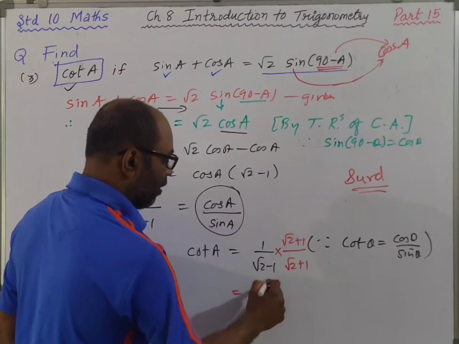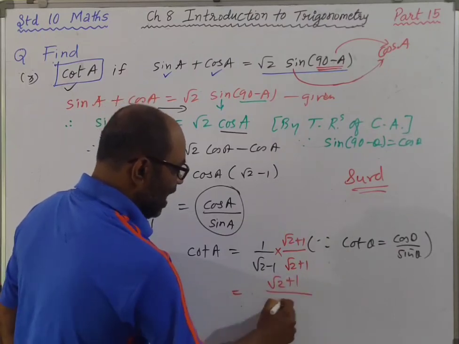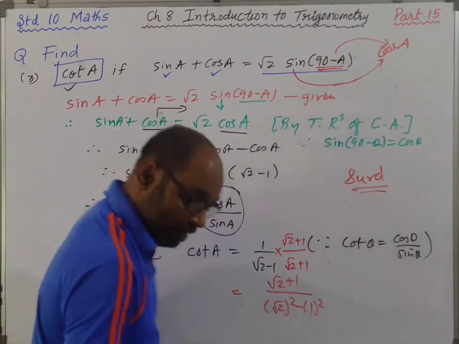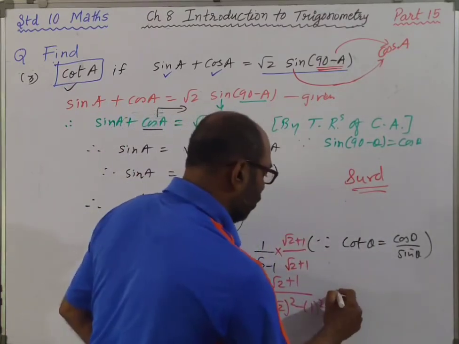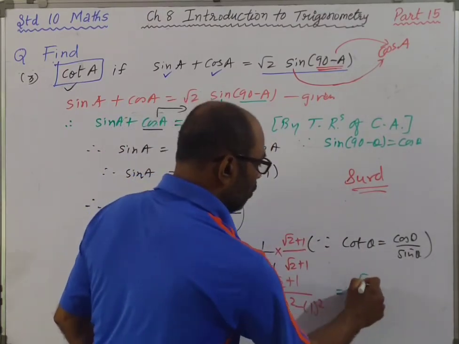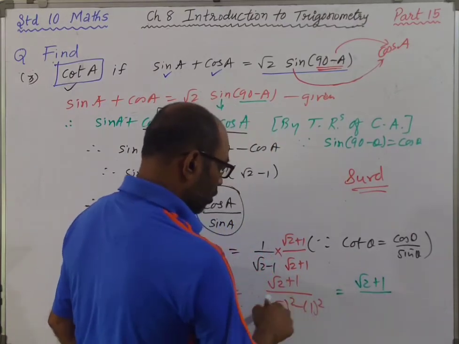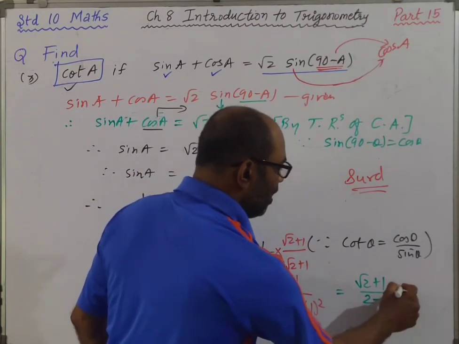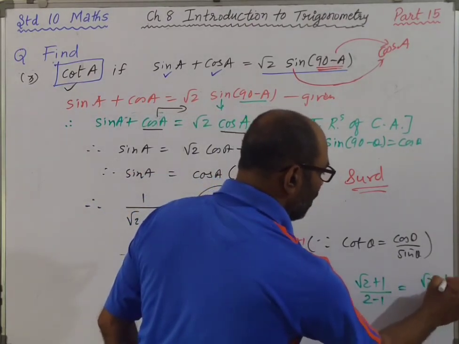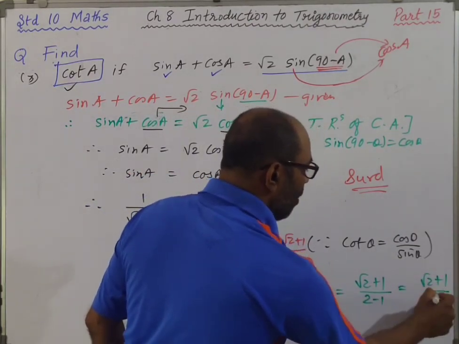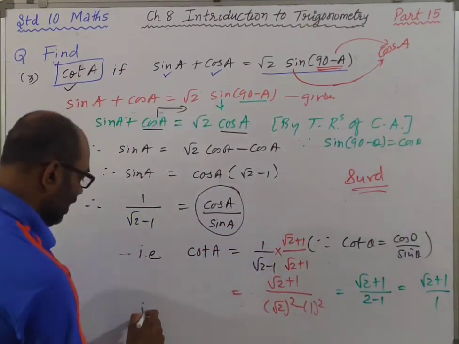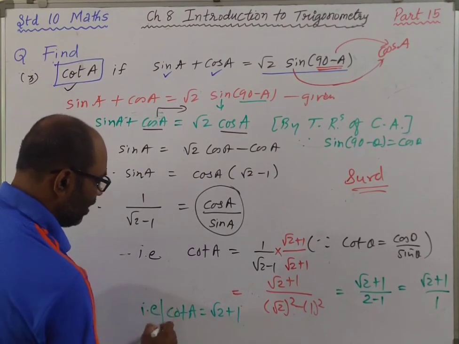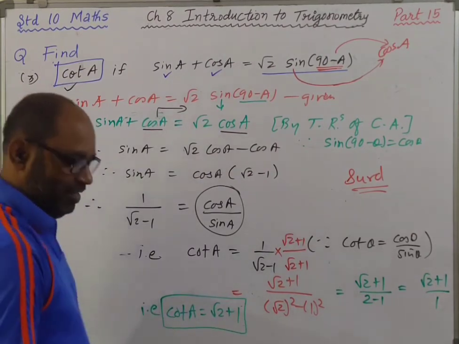That is equal to root 2 plus 1 upon 2 minus 1, which is root 2 plus 1 whole upon 1. That is, cot A is equal to root 2 plus 1. This is the value of cot A.